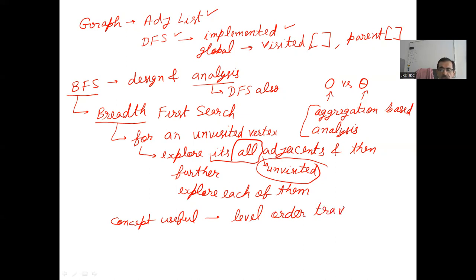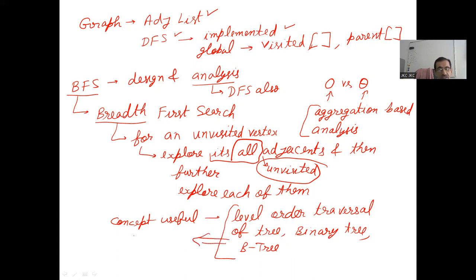Although we don't use the word for graphs, level order traversal of trees, binary tree, BST, any tree, B tree, everywhere the concept will be useful and very close to these. So these are effectively similar to BFS. Level order traversal programming will be similar to a BFS program. So you will be using this in a lot of ways.